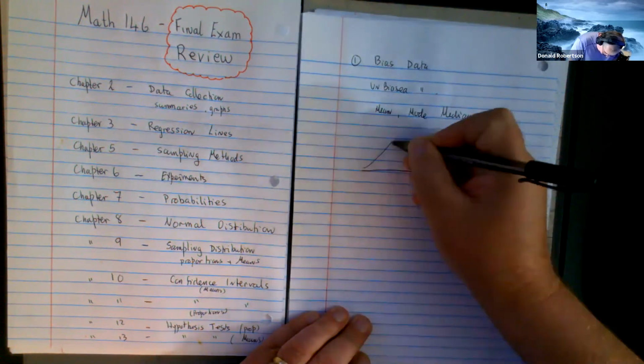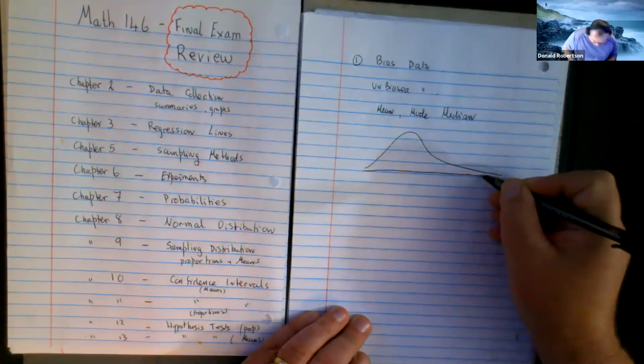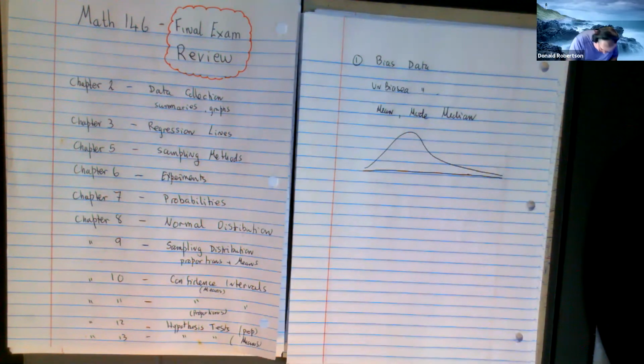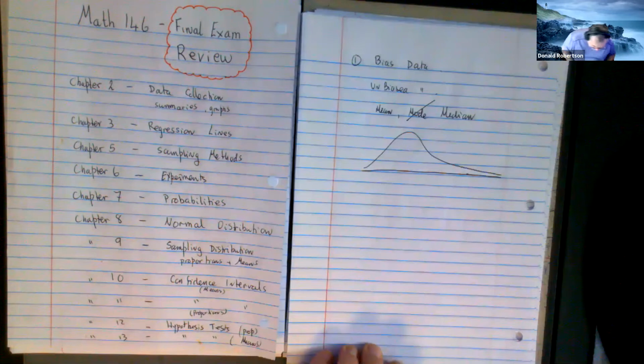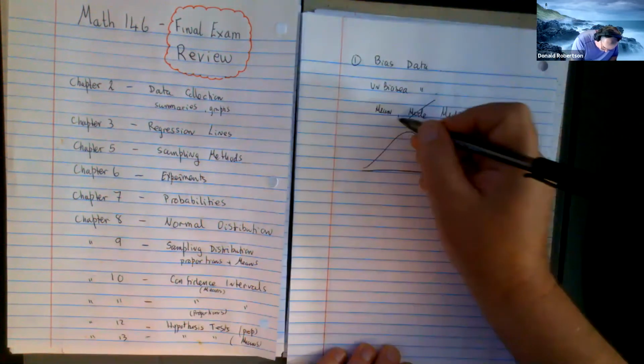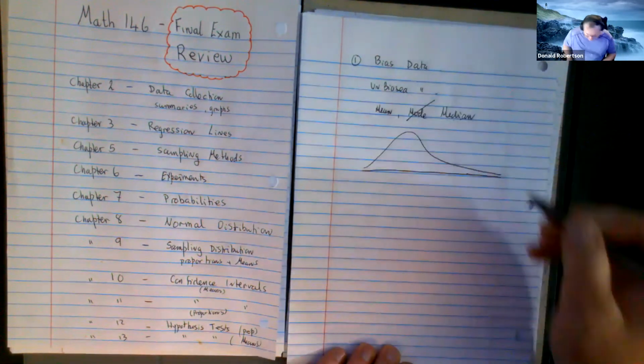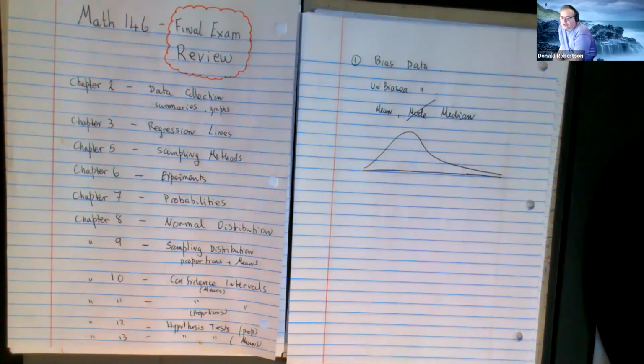Suppose I had data that was skewed to the right. Forget about the mode. The mean and the median. Which one of these two would be the bigger if the data was skewed to the right? Would the mean be a bigger number or would it be the median?